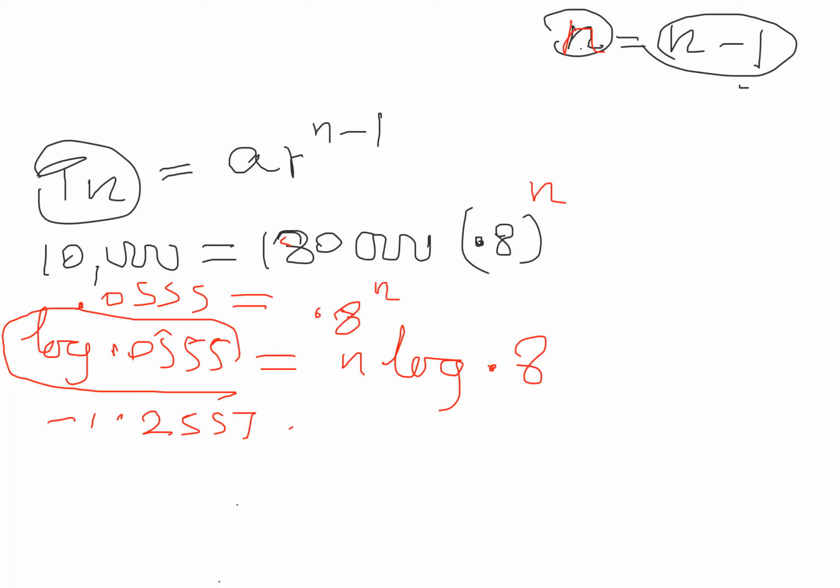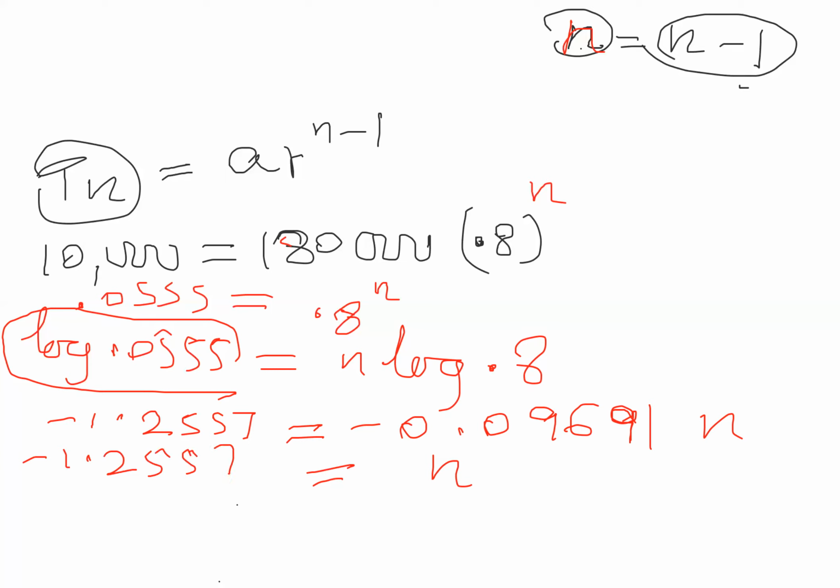And on the other side, log 0.8 is again minus 0.9691, right? So now you can take n. How? By dividing minus 1.2557 by minus 0.9691. Then I can get the approximation value also.